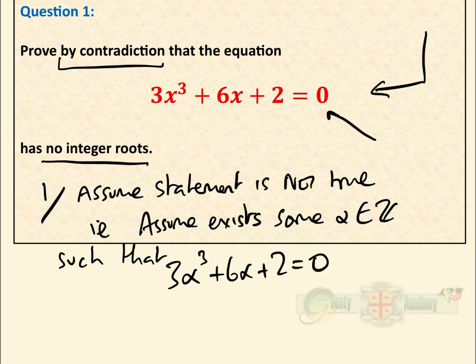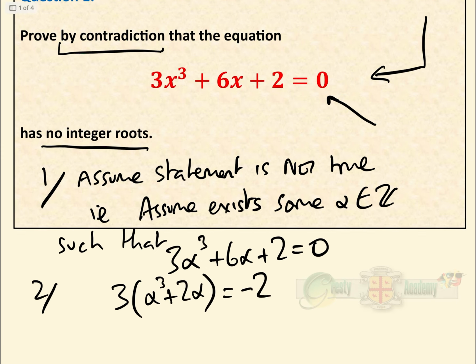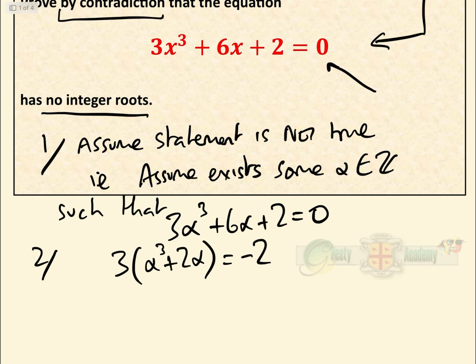So that's step 1. Step 2, we now have to show that this leads to an impossibility. So let's take the factor of 3 out. That's 3 times (alpha cubed add 2 alpha) equals minus 2. Now, if alpha is contained in the integers, that implies alpha cubed add 2 alpha is also contained in the integers, because if you cube an integer you get an integer, and if you multiply it by 2 you get an integer.